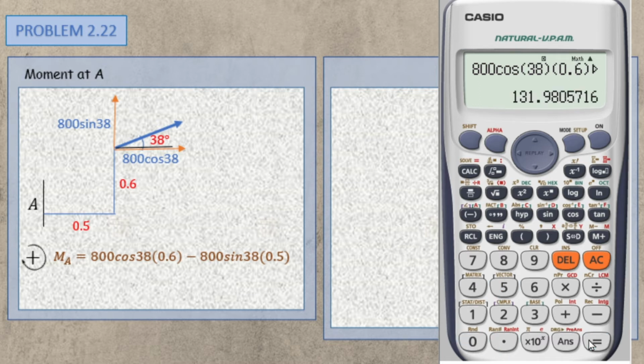So our answer will be 131.98 Newton meter. Since our answer is positive, therefore our assumption, which is clockwise, is correct. So our answer will be 131.98 or 132 Newton meter in clockwise direction.